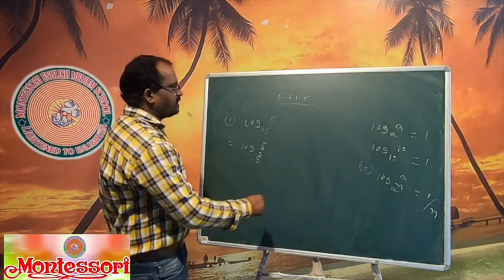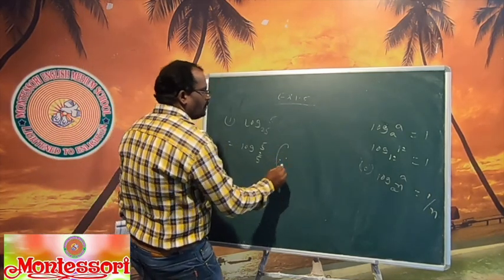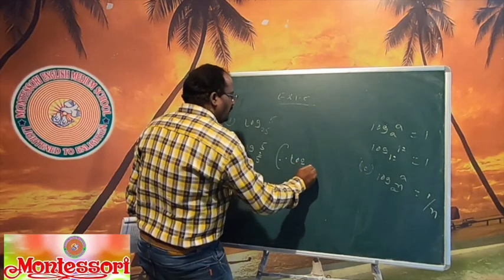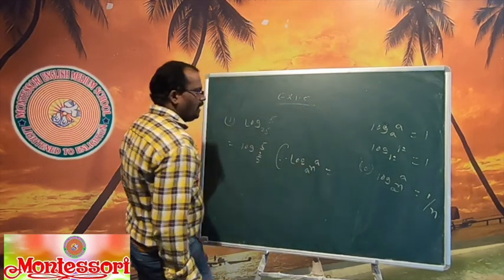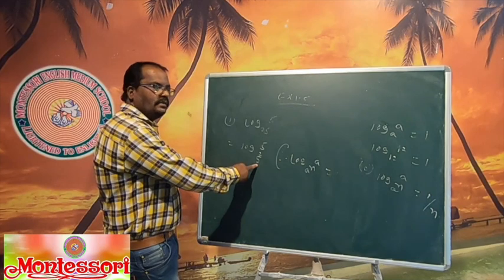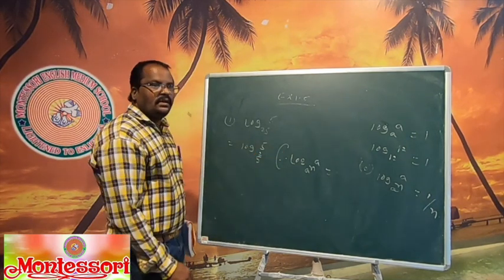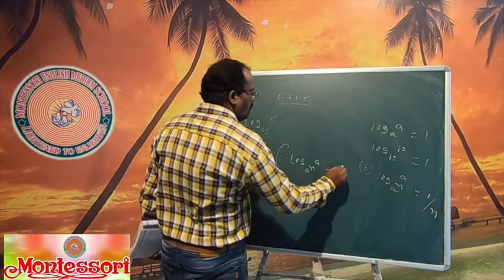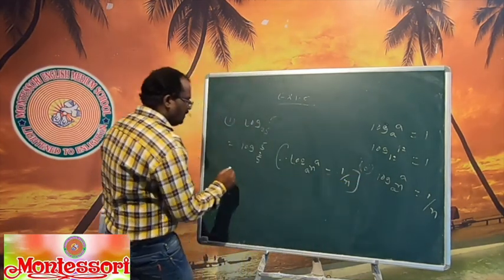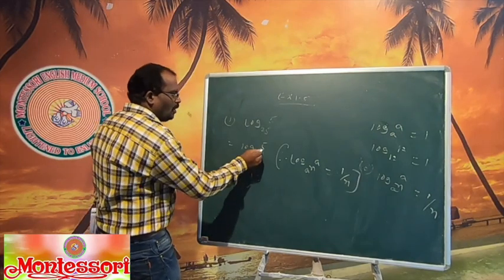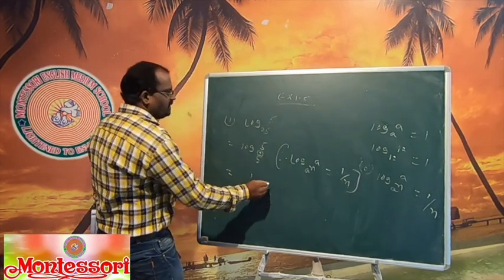Log of a power n base a is equal to 1 by n. Here a is 5 and n is 2. So what is our answer? 1 by 2.